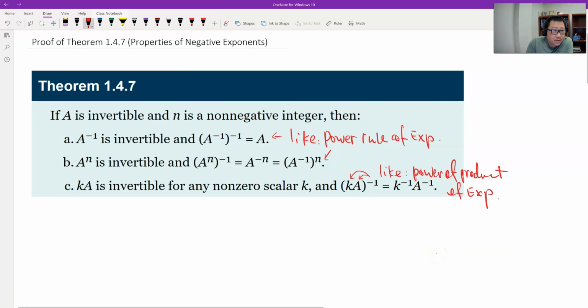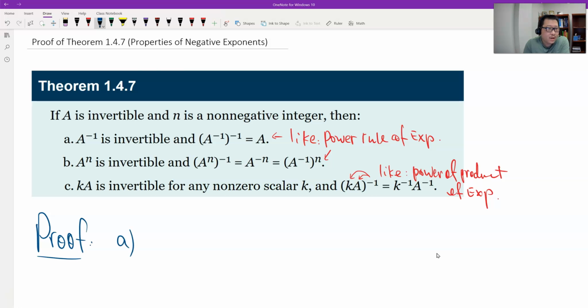Now let's prove it. If A is invertible, the inverse is invertible. All we need is to verify: if this is the inverse, then this times the inverse of A should give the identity. We verify that the inverse of A times A equals I. Definitely, by the definition.